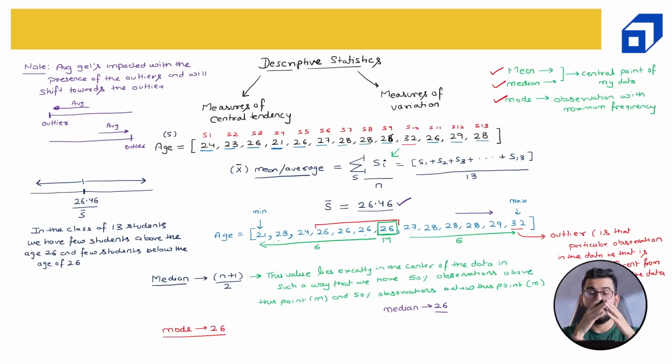When I say varied, that basically means the values are very far away from the center. So let me give you a very simple example over here. Let's say this is 26, this is 26, and here also we have 26. So in these two number lines, the center is 26 itself.